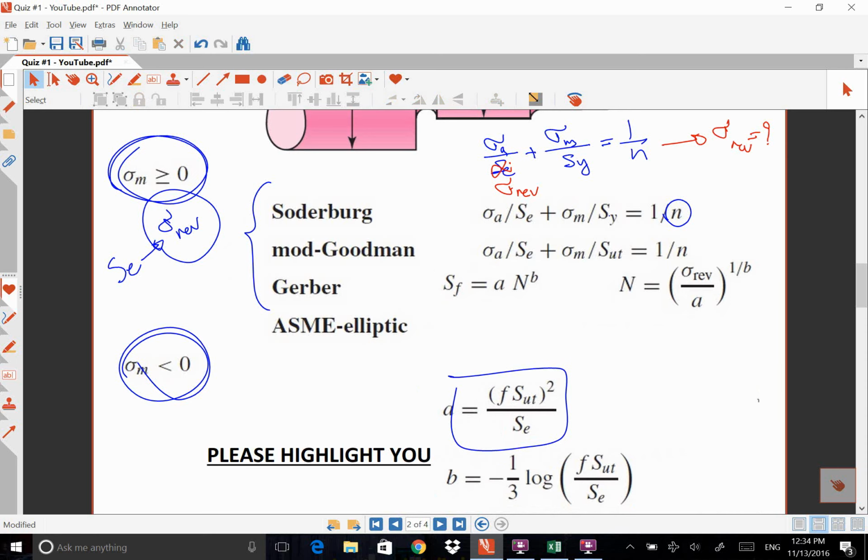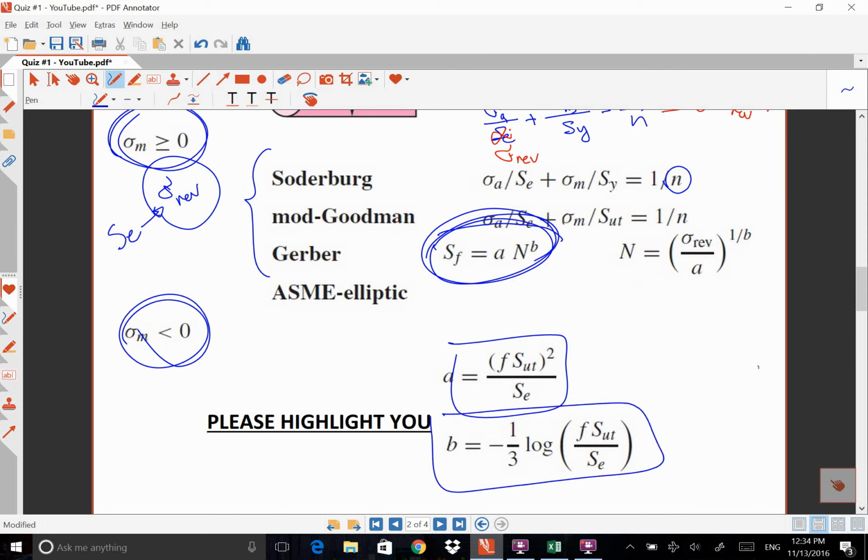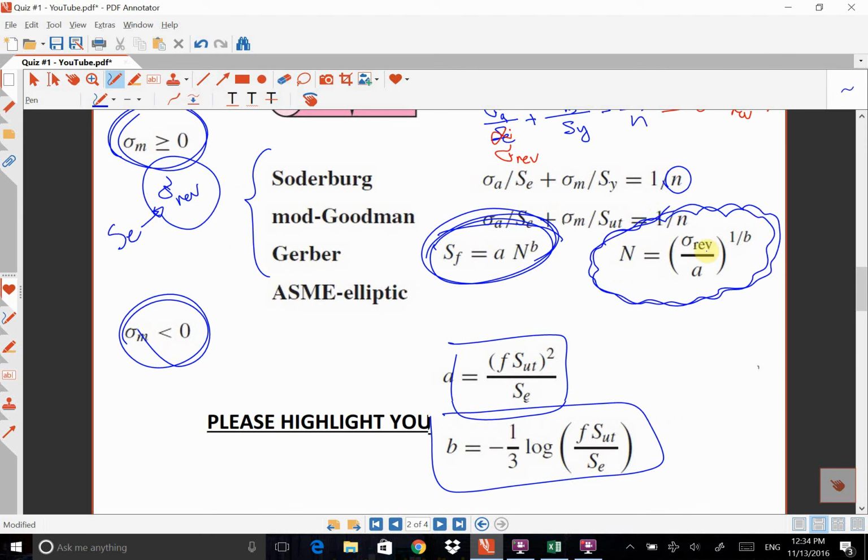Okay, so here this is the fatigue strength, this equation, and we said that if we want to find A and B, we need to use these two equations. So this guy here, this is the number of cycles to failure. When we want to find this one, first we need to find the reverse stress, and these two components, we already had them.